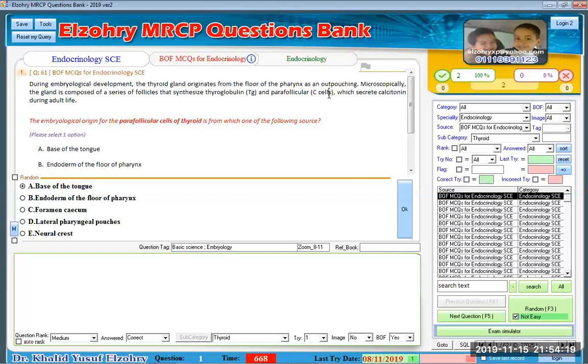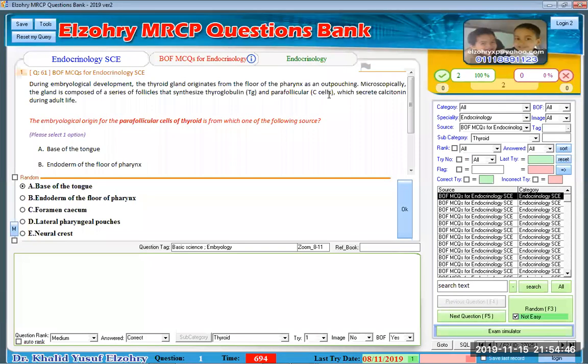De Groot recommends the management of sick euthyroid syndrome by levothyroxine. He is the main author of the largest book in endocrinology, adult and pediatric endocrinology. This is a very big reference, and he also co-authored the Harrison textbook chapter on endocrinology and a lot of papers.